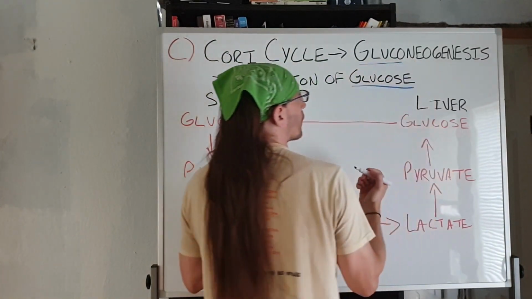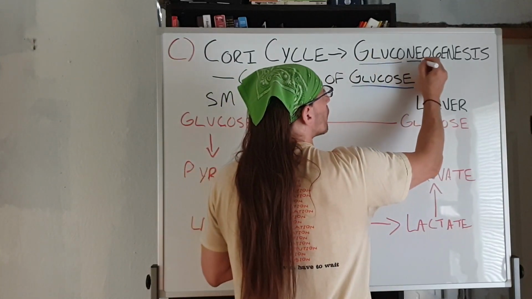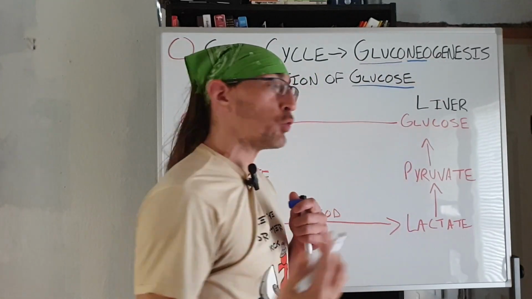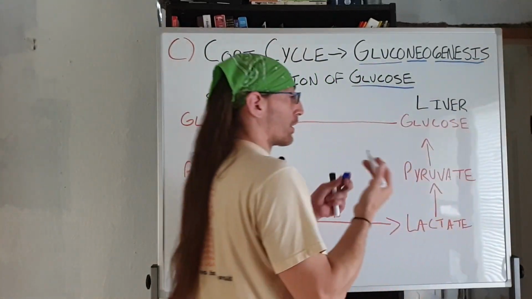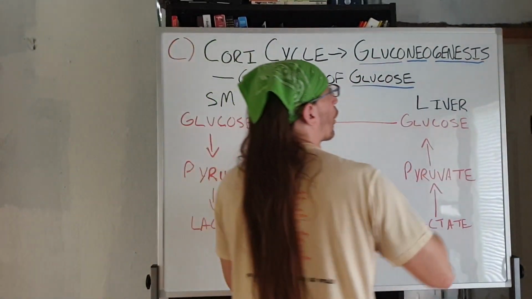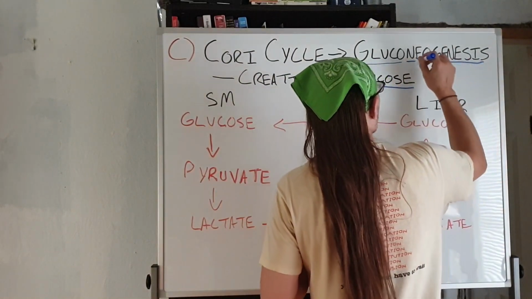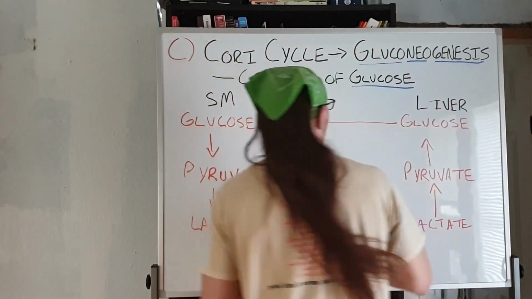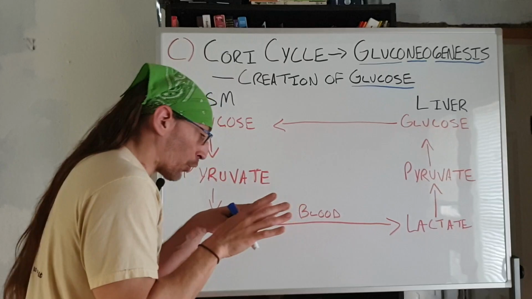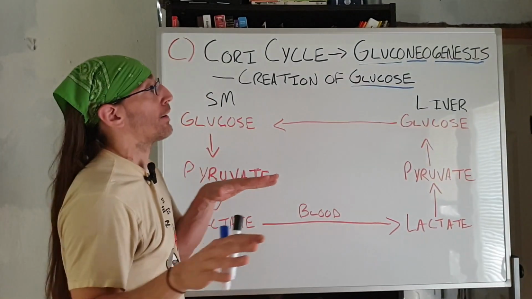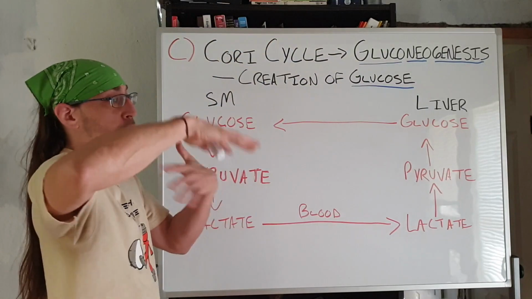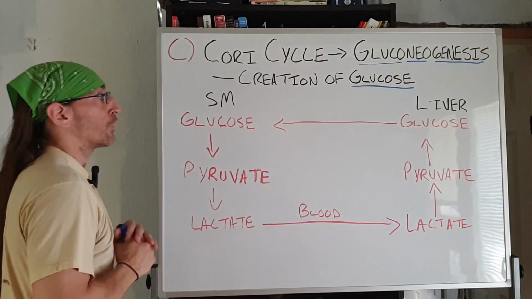Neo means new, and genesis means creation. So we are creating a new glucose. Specifically, you're creating a new glucose from a non-carbohydrate. So that's what we call gluconeogenesis.